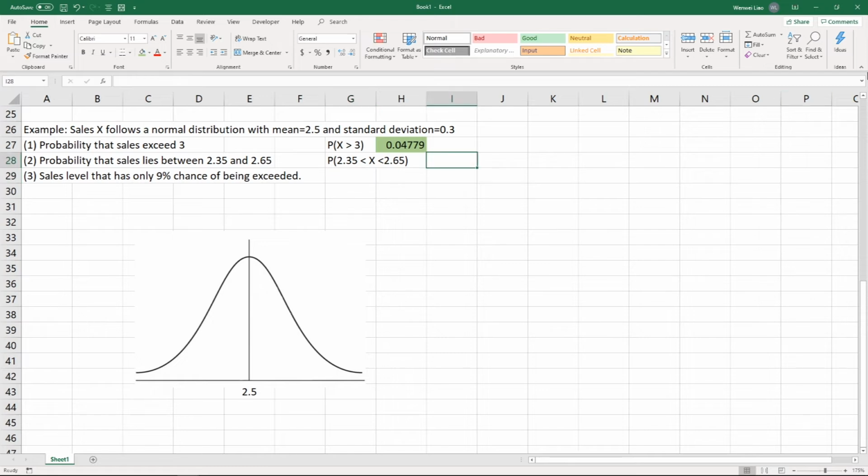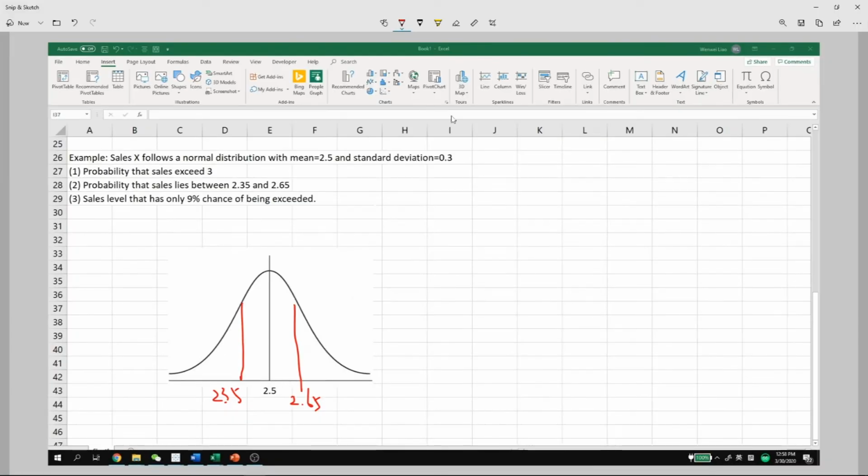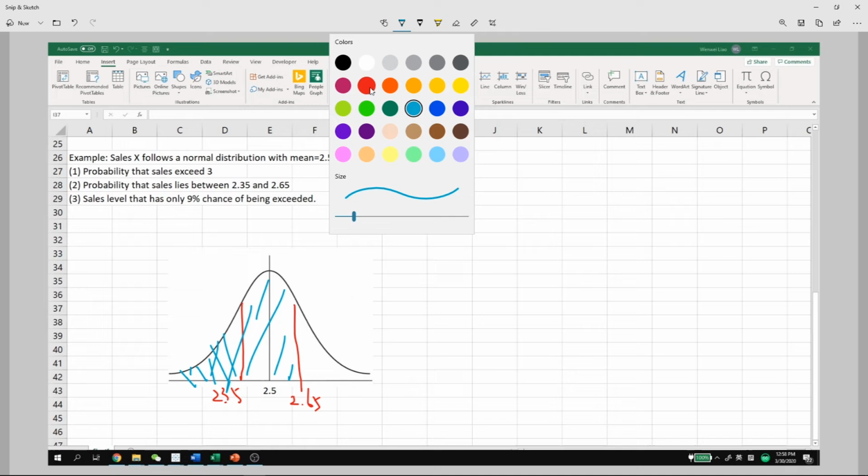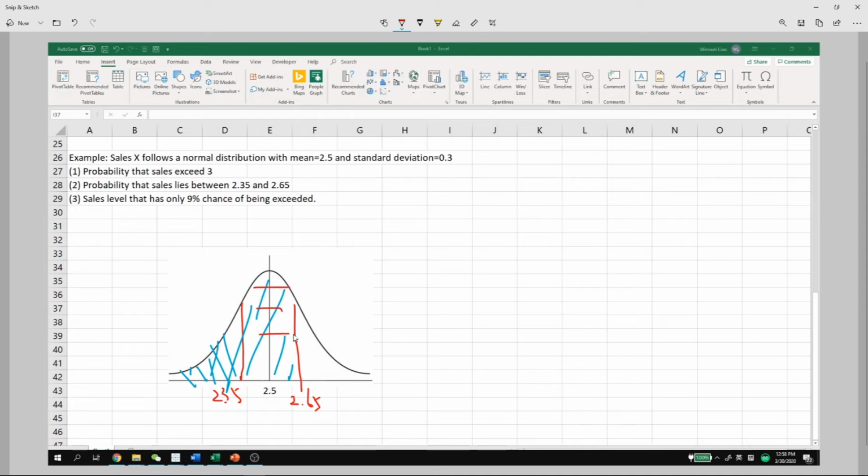For this question, you can use the CDF of 2.65 and then deduct it by the cumulative of 2.35. Then we can get the area here.